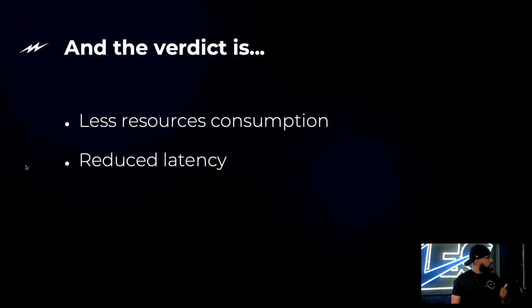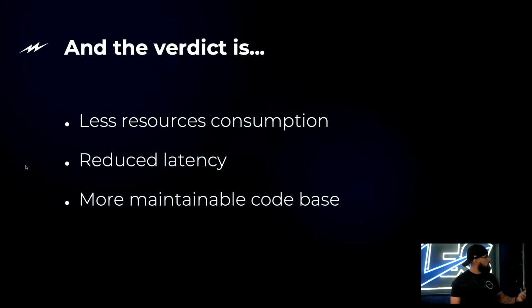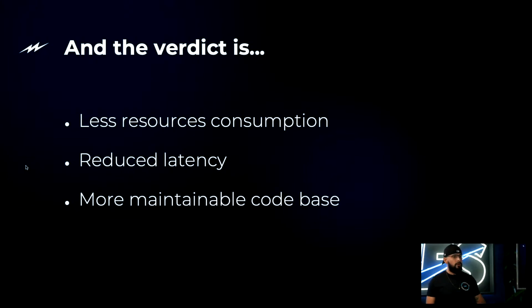Reduced latency. For services that we had performance tests in place, we could perceive way better response times. So it's a good result. And a more maintainable code base. As Felipe said, we have tons of new features in Java 17 that made the code more readable and easy to understand. So it helps us to keep the code base cleaner and easier to maintain.